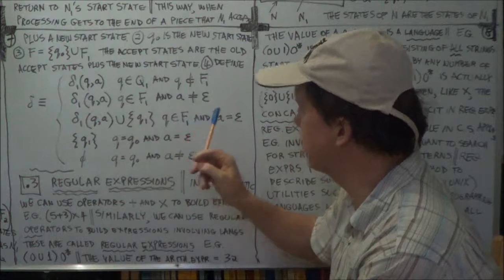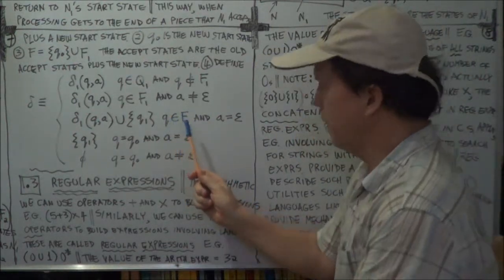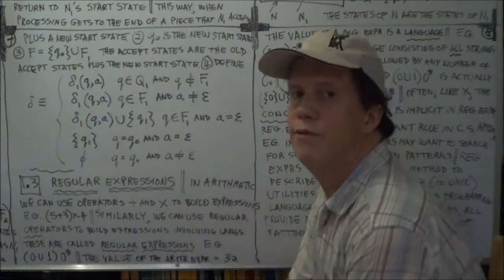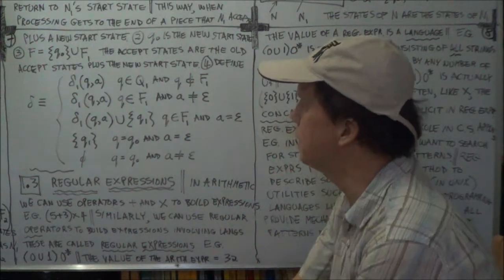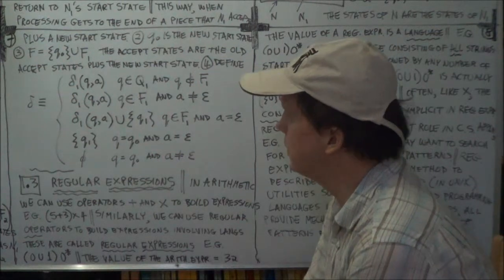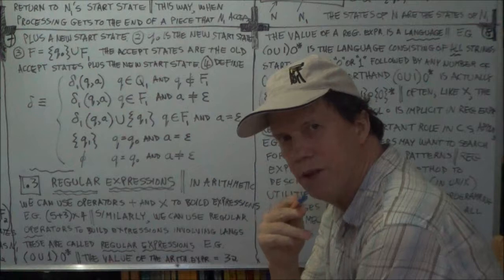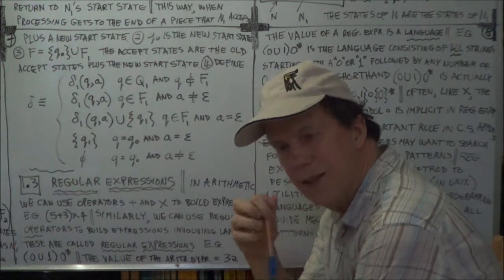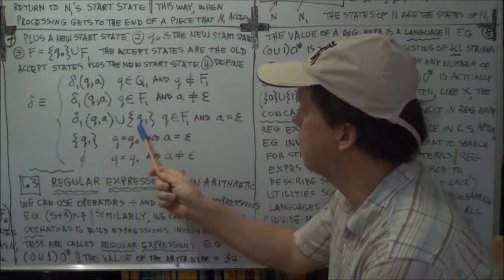Now the next one. So what's happening here? You're in an accept state. So you found a string that belongs to the language. Okay. So then using the eta arrow, you branch back to the starting state of your N1, which is Q1.